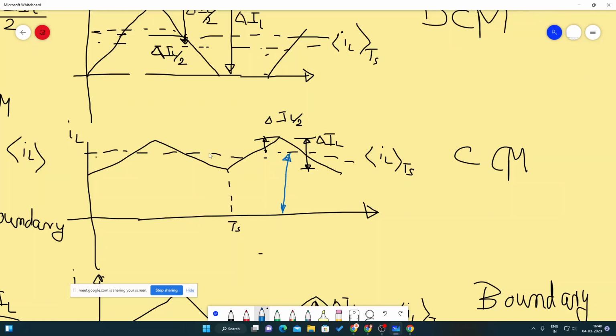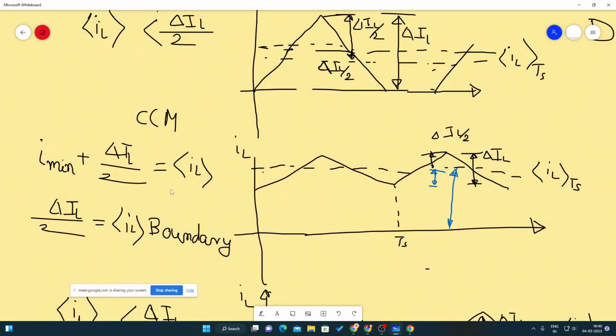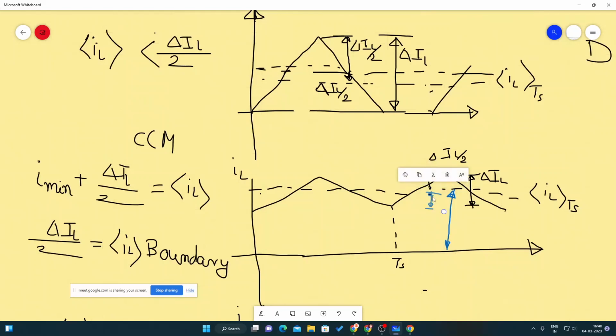And the ripple, half of the ripple is only this much. So you have written it here on the left side: I minimum plus delta IL by 2 equals this.